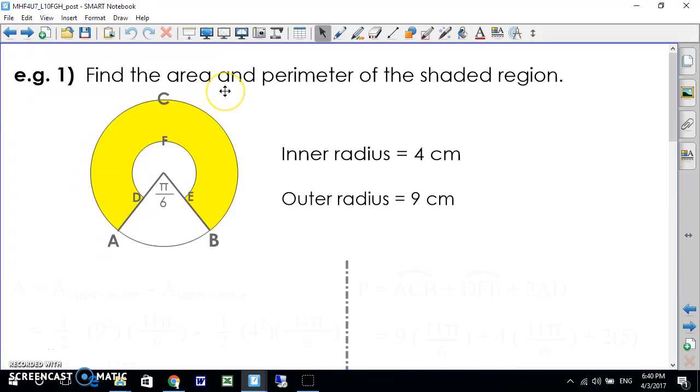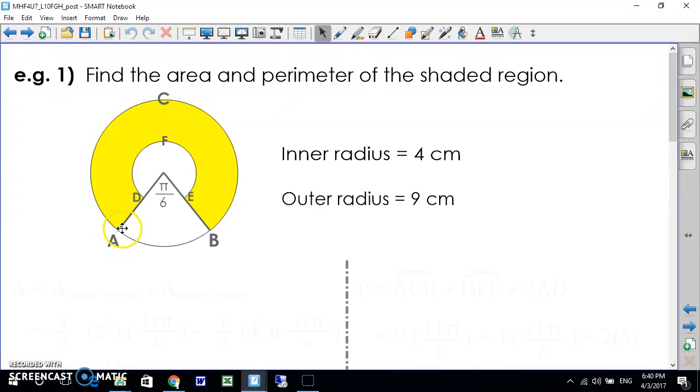We're going to look for the area of the yellow part and also the perimeter of the shaded region, this yellow part here. So let's start with the area. Well, the area of this shape can be calculated using the area of a sector formula.